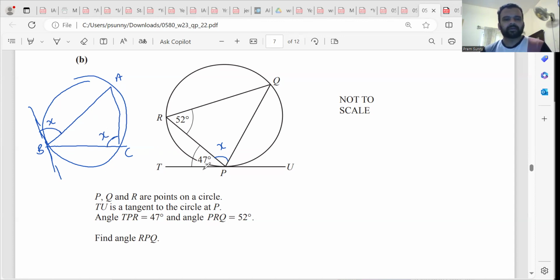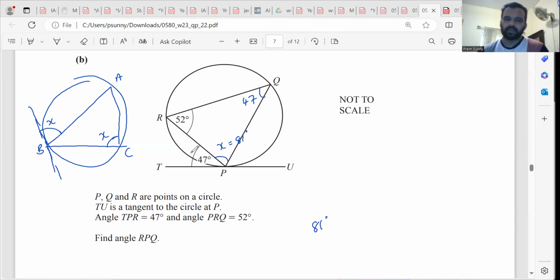So I can see that the tangent is making an angle with RP here. So Q will be 47. Now the sum of the angles in a triangle will be 180. So 52 plus 47, subtracted from 180, will give me 81 degrees. So this will be 81 degrees.